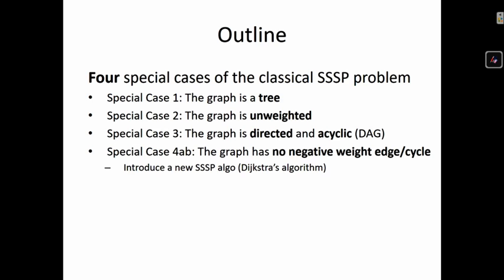It can even be used to detect whether there are negative cycles in your graph. But if there are special cases for your inputs, then there are actually more efficient or different algorithms that you can use to solve your SSSP problem. Here we will look at 4 different cases.